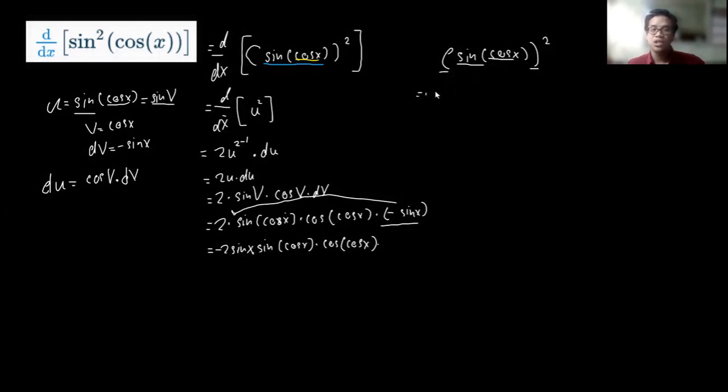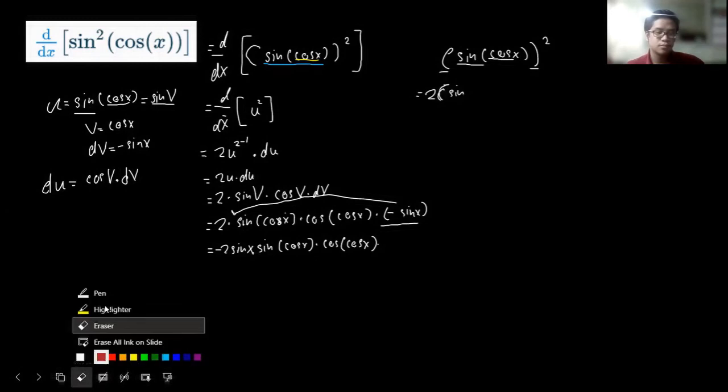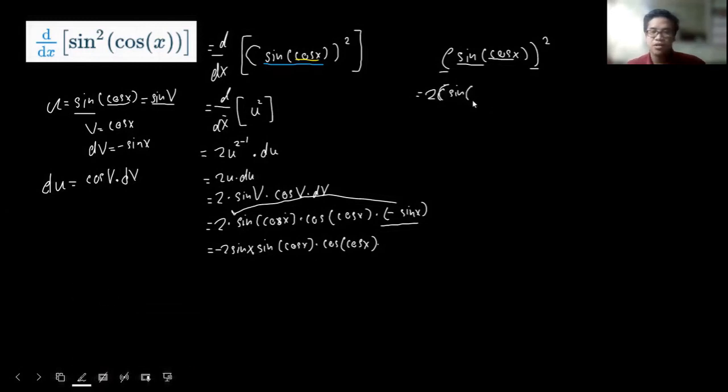So this is just bring down the 2, copy the given, which is sine of cosine x. Then subtract the exponent by 1, times now derive the next part, sine of cosine x.